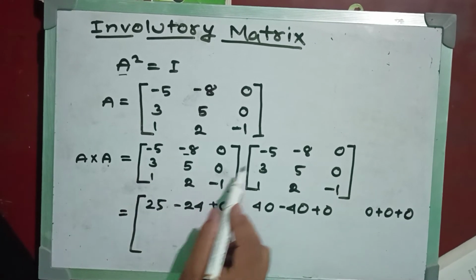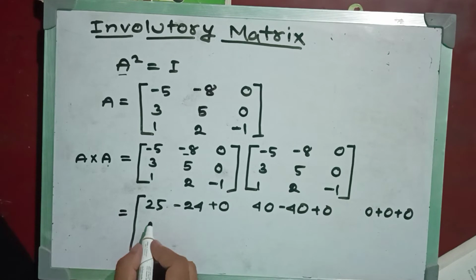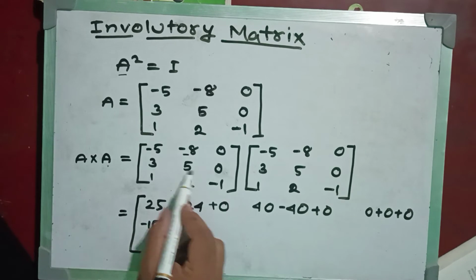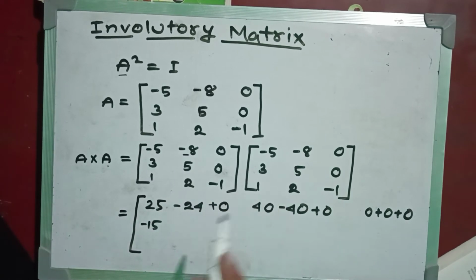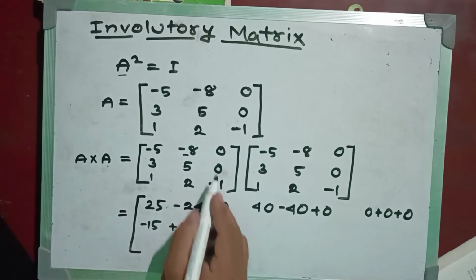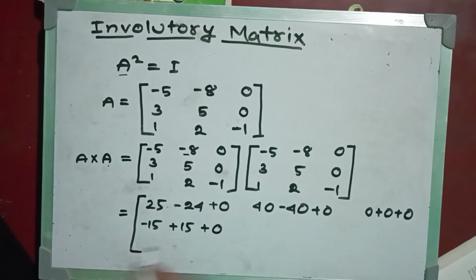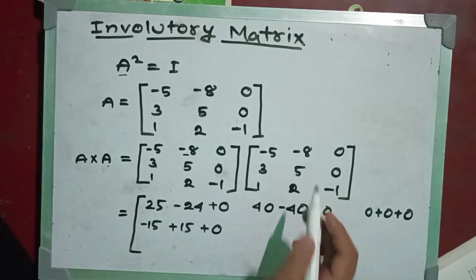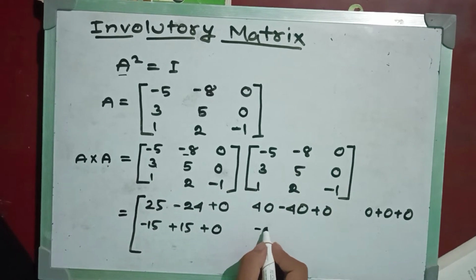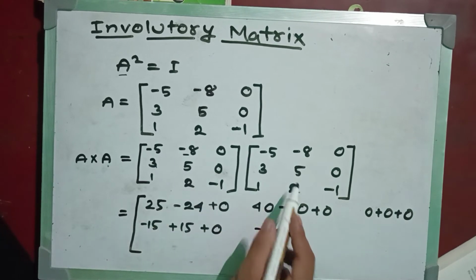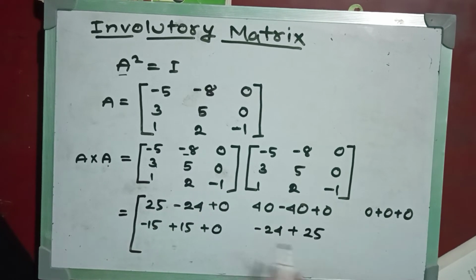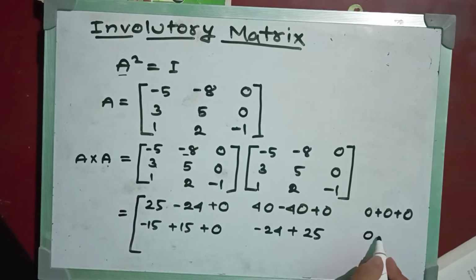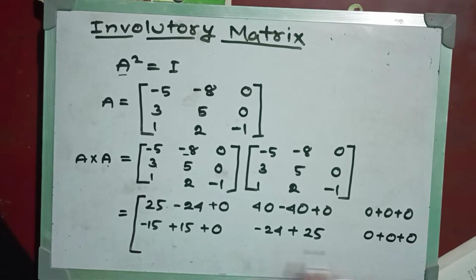Now second row multiplied by first column, so 3 cross minus 5, so minus 15, 5 cross 3, that means plus 15, plus 0. Now second row multiplied by second column, so 3 into minus 8, so minus 24, and 5 cross 5, that means 25. Second row third column, so it is 0 plus 0 plus 0.